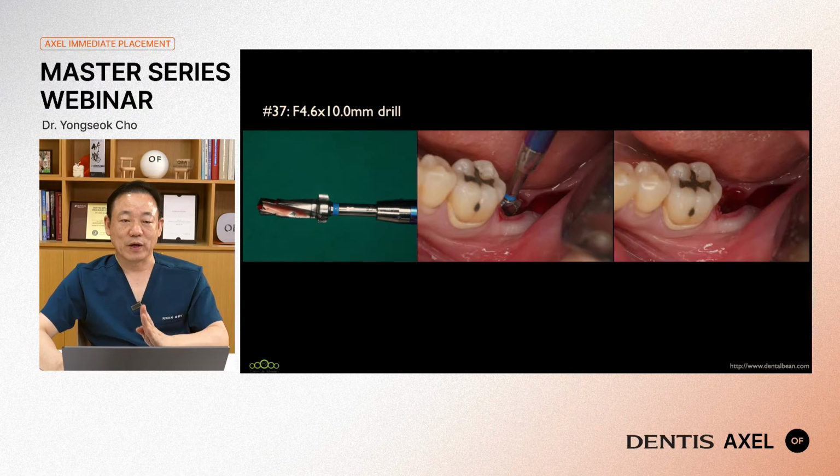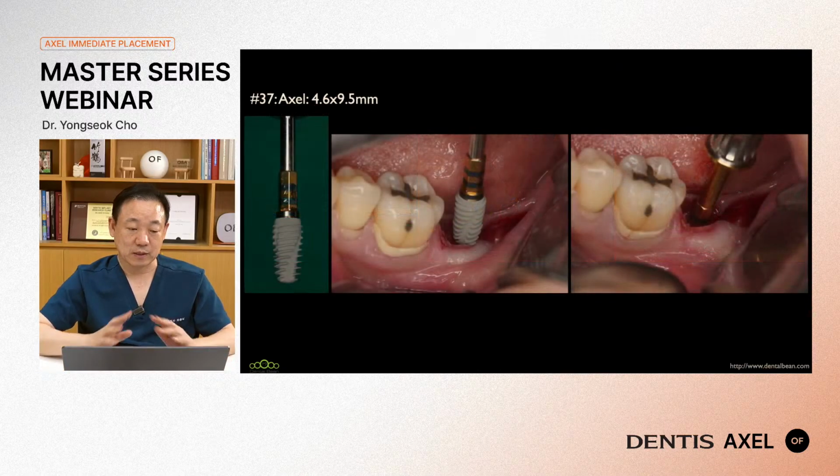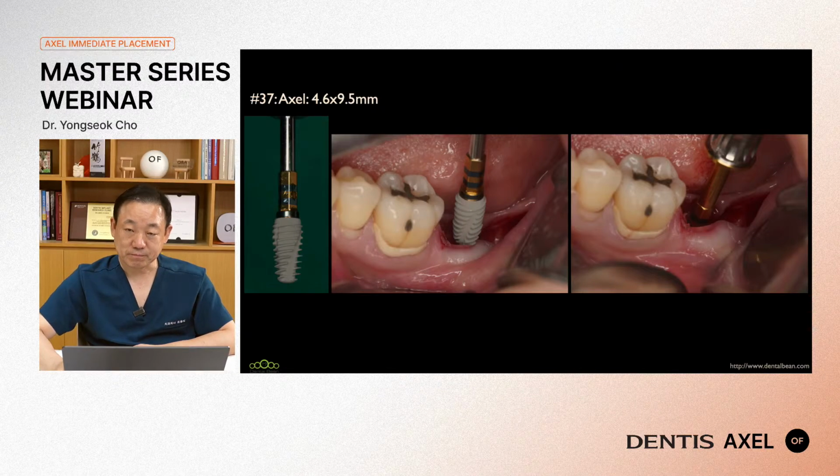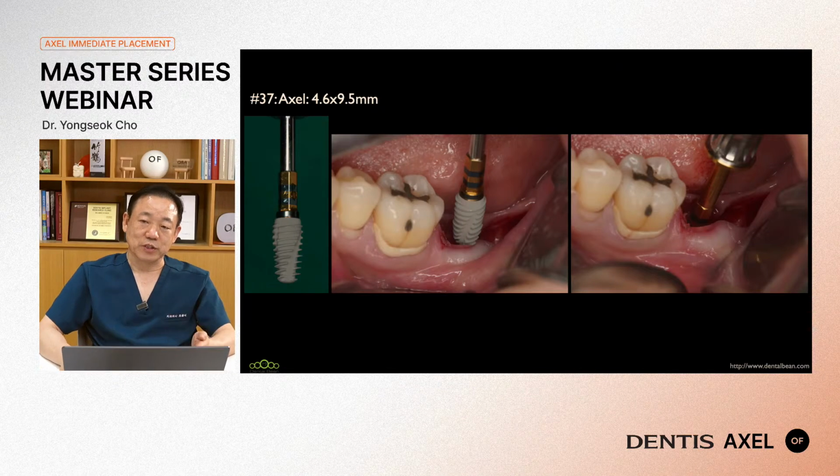To keep the path well, I used a very long drill, and then a 4.6 by 9.5 millimeter XL implant was placed. Checking position and path carefully, and then finish.